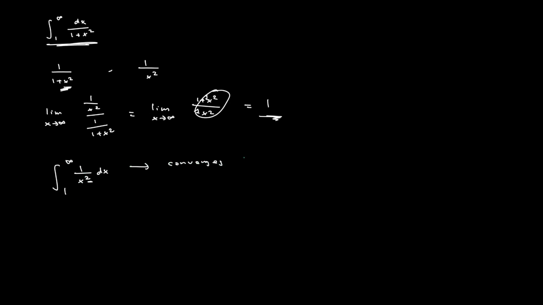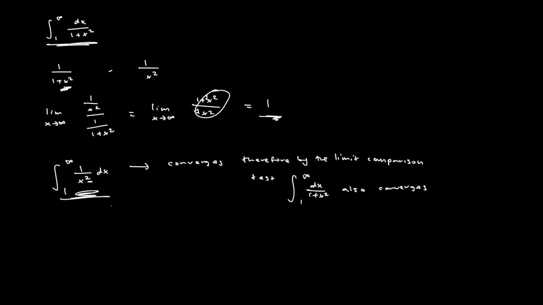Therefore, by the limit comparison test, the integral from 1 to infinity of dx over 1 plus x squared also converges. And notice that instead of evaluating the tan inverse, this made our life much easier and faster, because we could just determine whether or not this converges instead of dealing with inverse trig functions and then finding out whether or not this converges.